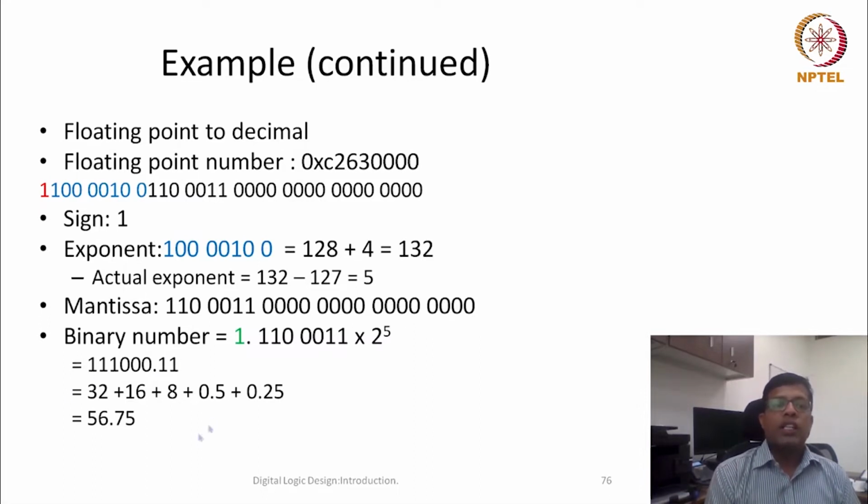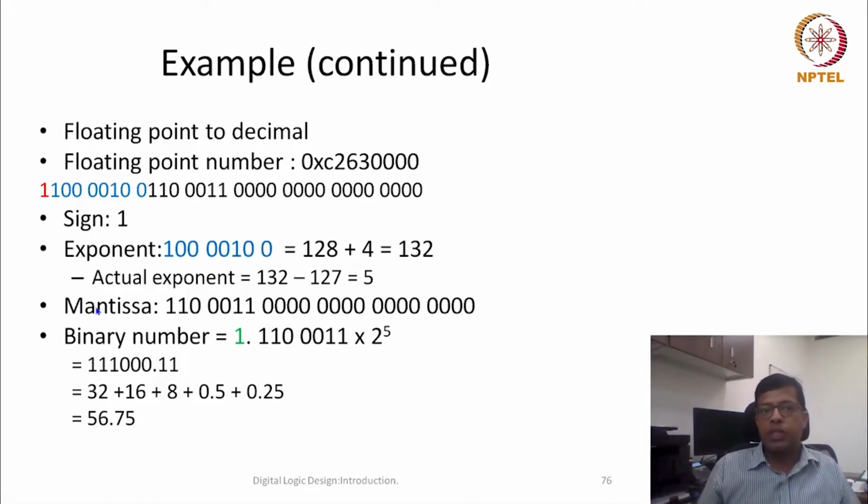Now I can create the decimal number, which is 32 plus 16 plus 8 plus 0.5 plus 0.25. This is 1 by 2, this is 1 by 4, and adding all of them gives me 56.75.